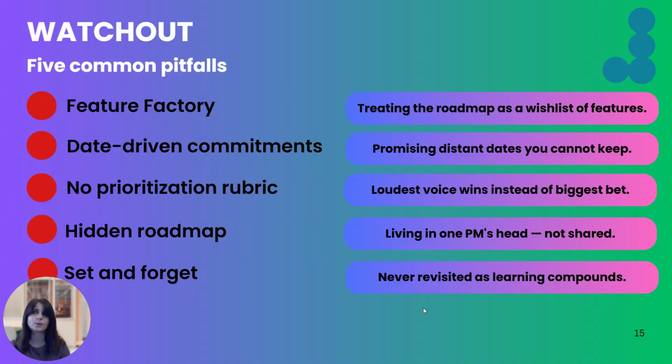You also need to have this prioritization rubric in order to be successful, and the roadmap should be clearly articulated and clearly communicated so that you have everything shared, right? It doesn't have to exist only in the PM's mind. Everything should be shared and clearly communicated.